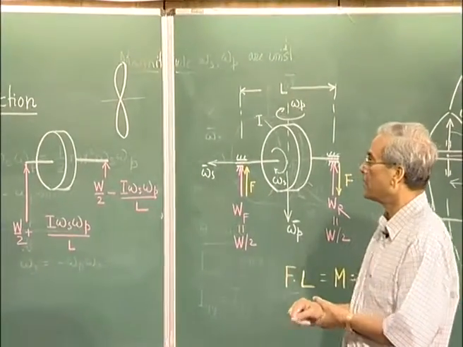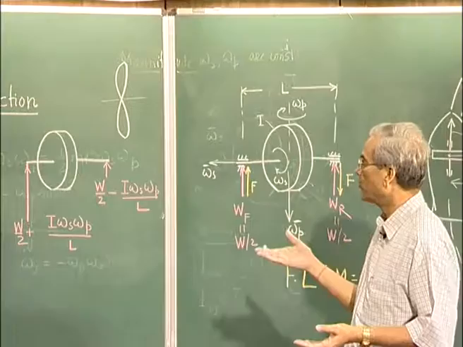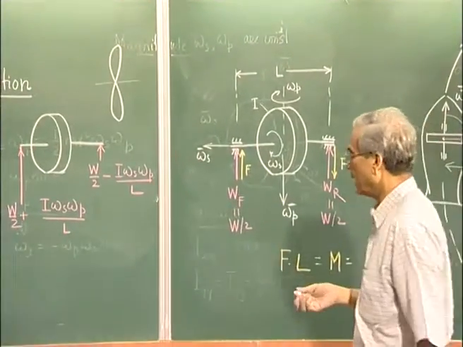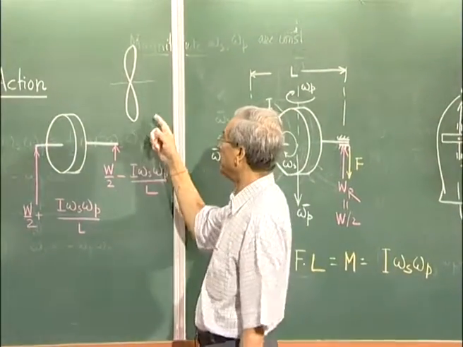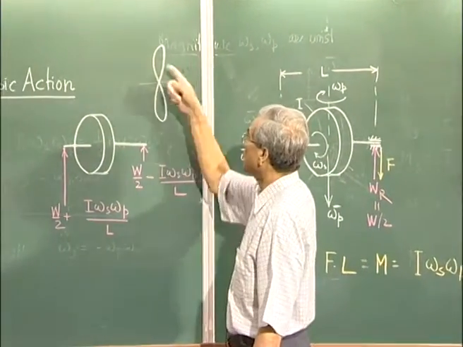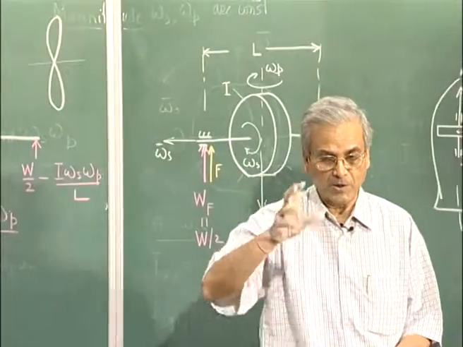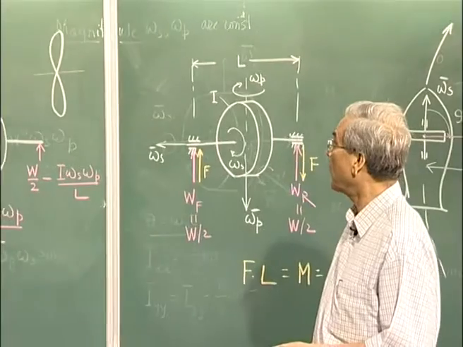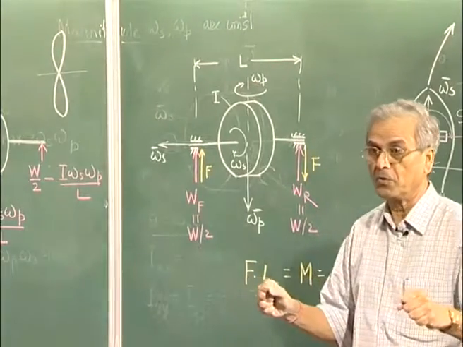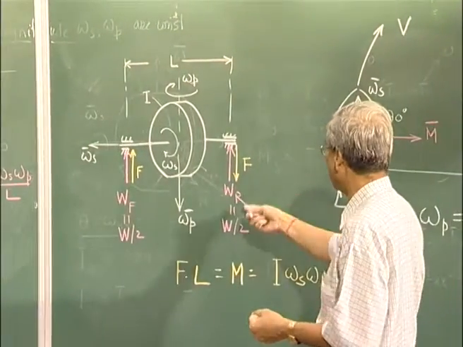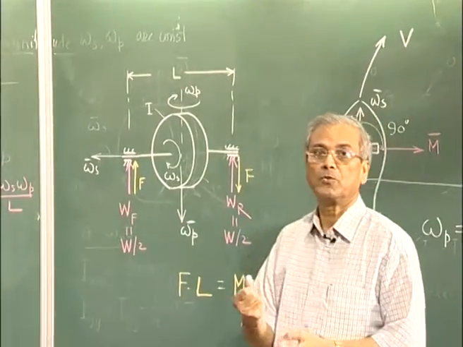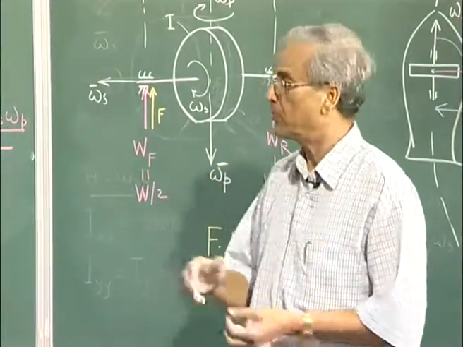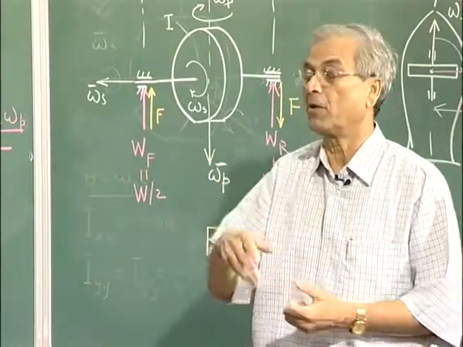In such cases, it can be shown that the gyroscopic action is not a static force, but a dynamic force, and the frequency of that variation of the gyroscopic action is related to the spin or rotational speed of the propeller, which is normally very high. So, in such cases the bearing reaction will no longer be a static force, but will be subjected to an extra gyroscopic component which is again vibrating or changing with time.